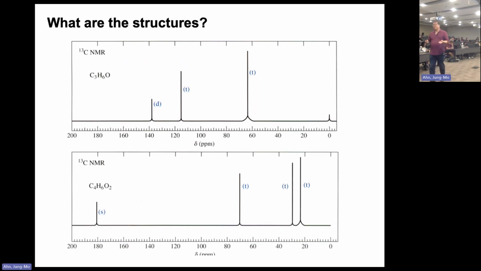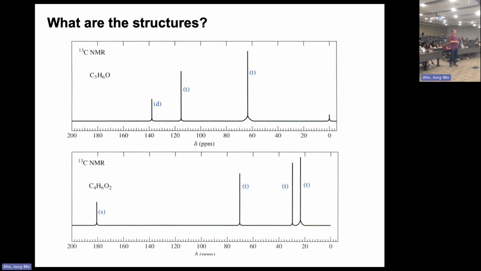And then also, you can calculate the degree of unsaturation from the formula, which is given here. For the degree of unsaturation, you take the number of carbons, take off half the number of hydrogens, add half the number of nitrogens, and plus 1.